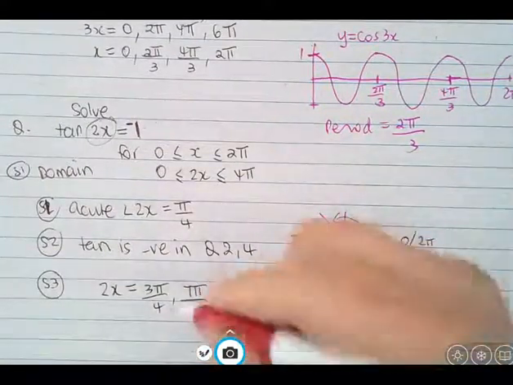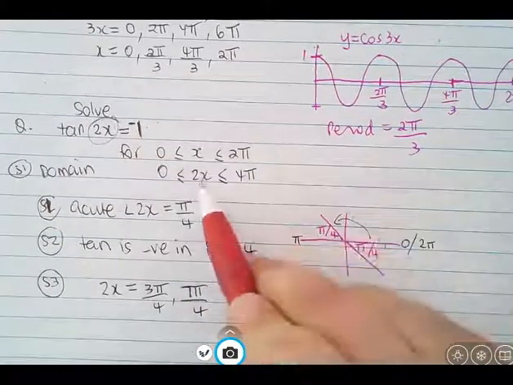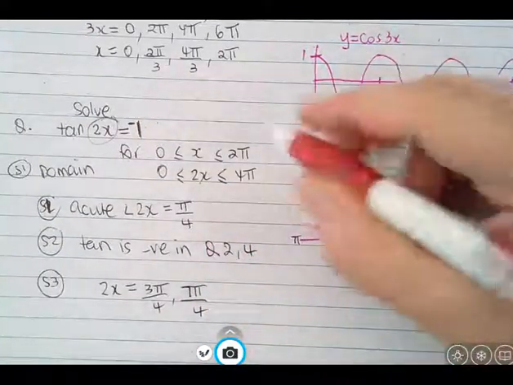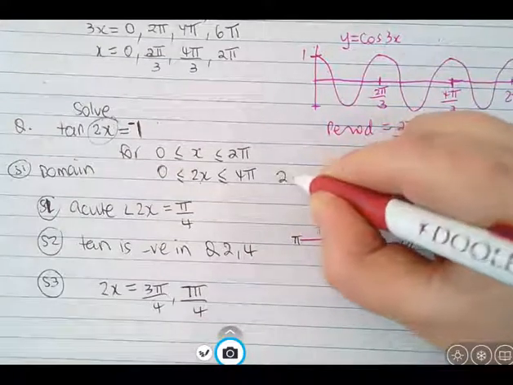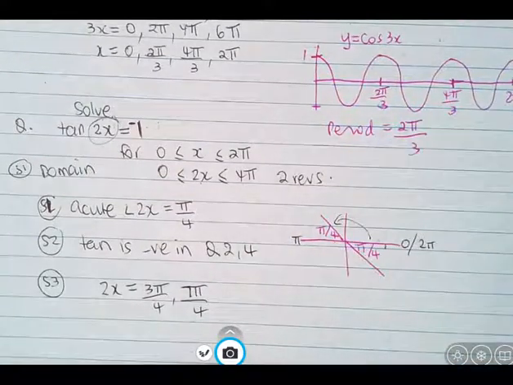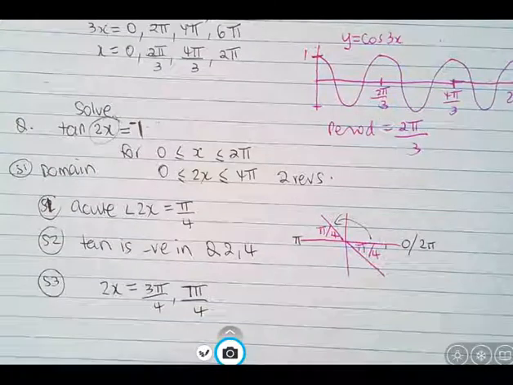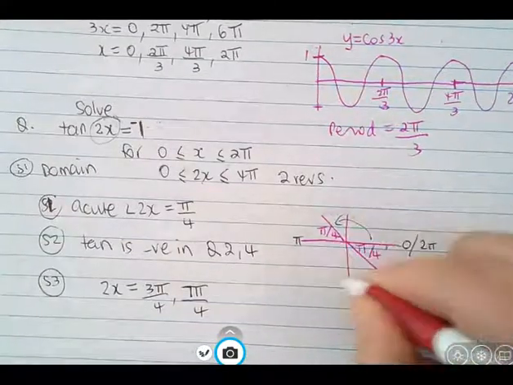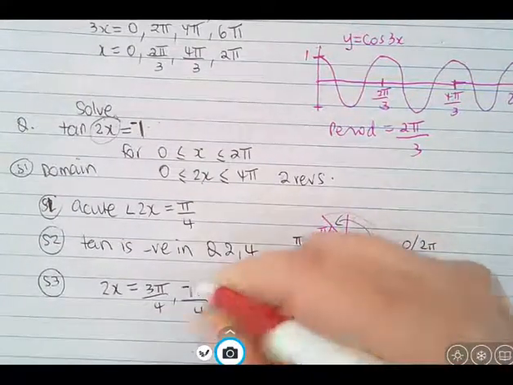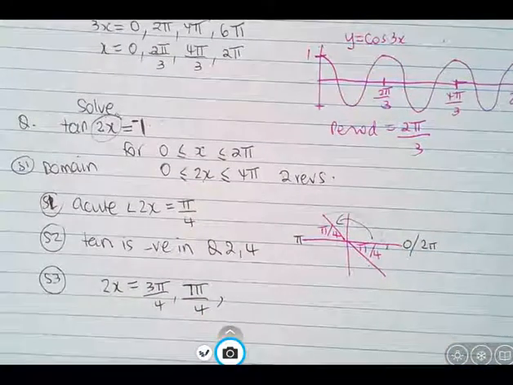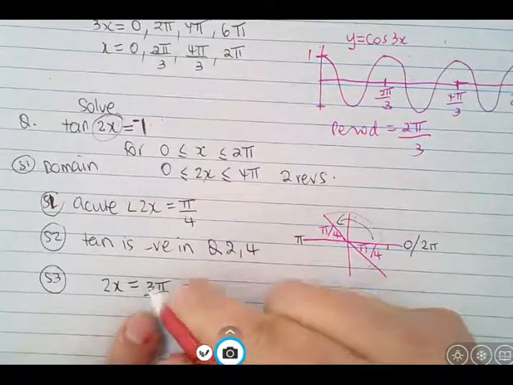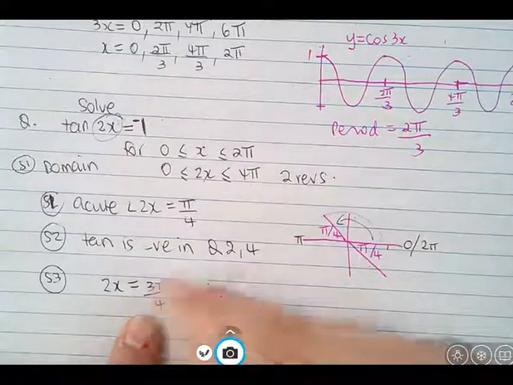But when I'm working in terms of 2x, how many revolutions is this? 2 revs of the circle. I have to go around twice. Gone around once, and I've got my 2 solutions, and then all you do to these, you just add 2 pi to each of them. So what's 2 and 3/4? Do you get it? So you just add 2 pi to each of those.